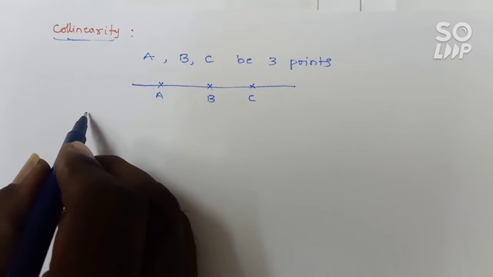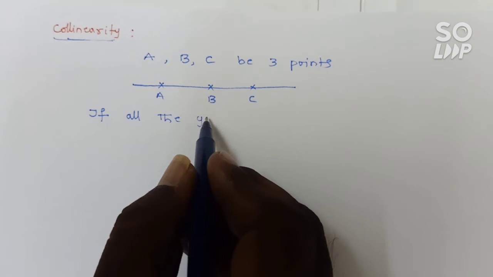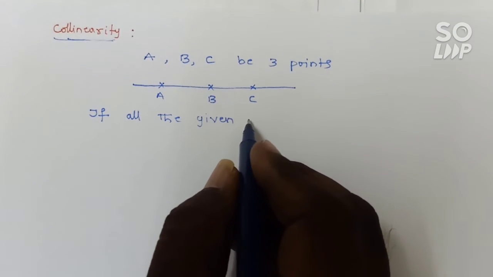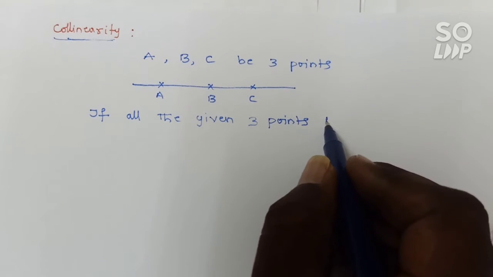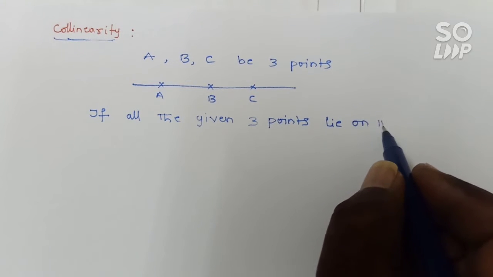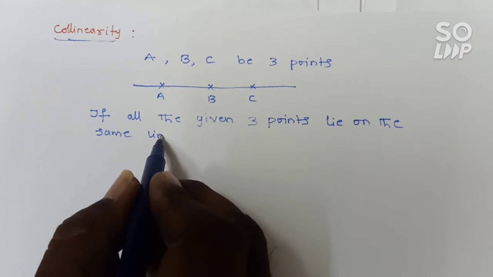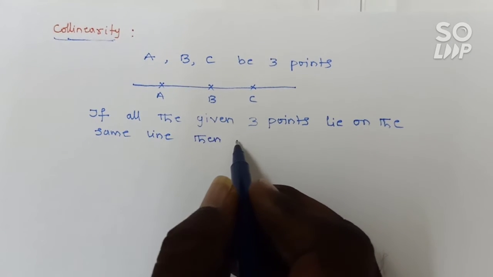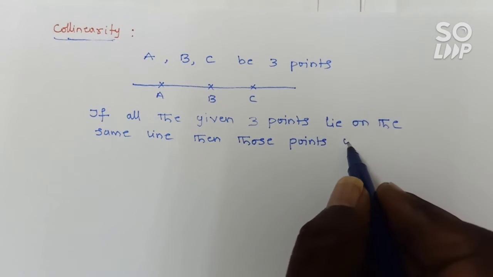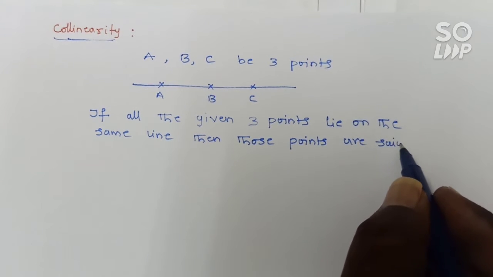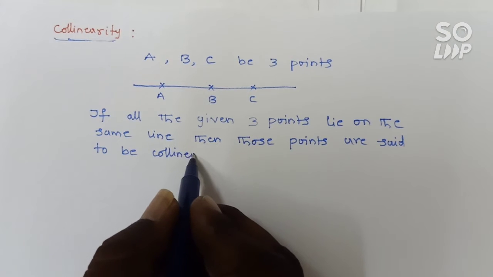Here you write: if all the given 3 points lie on the same line, then those points are said to be collinear. This is the definition of collinear.